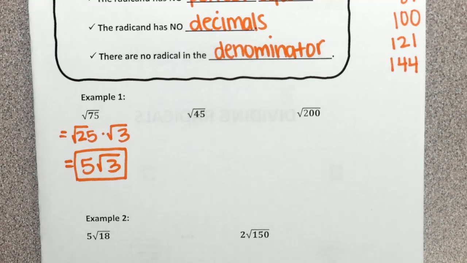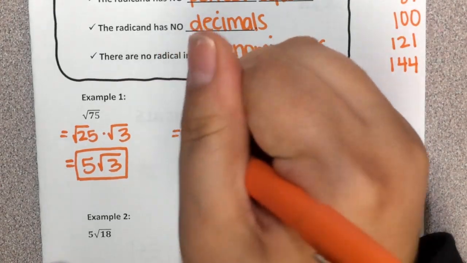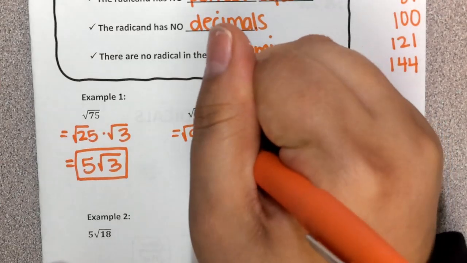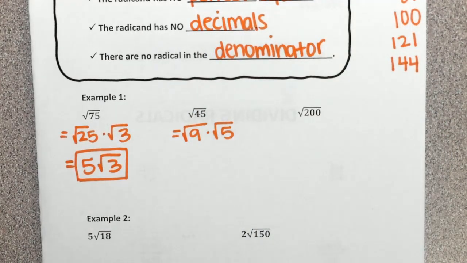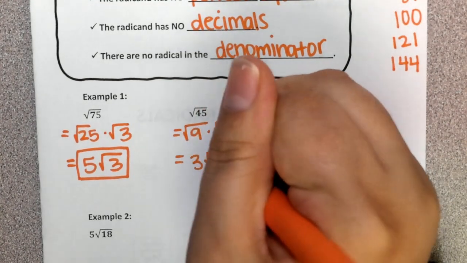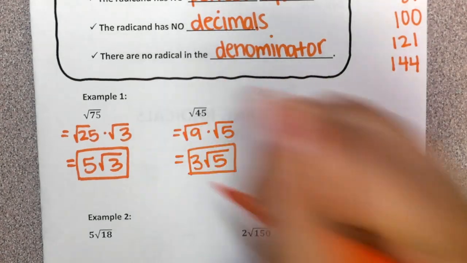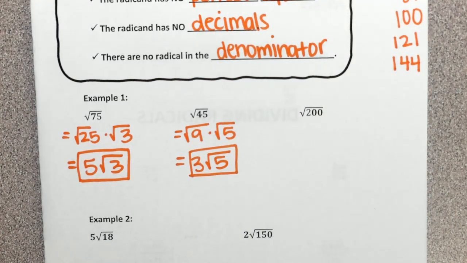What questions do I have? What about 45? 9. 9 times what? 9 times 5. The square root of 9 times the square root of 5. And what is the square root of 9? Can you do the last one on your own?